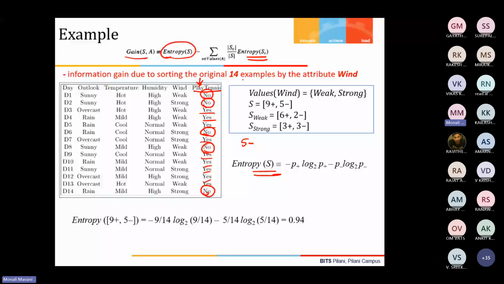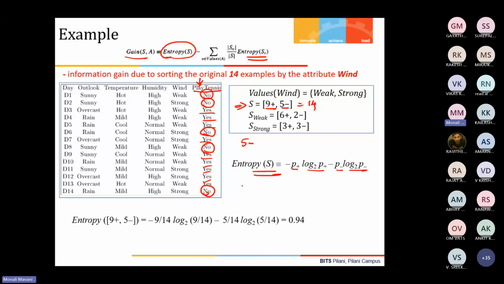So S, that's my entire data set. We have 9 positive examples and 5 negative examples out of 14 examples. We'll use these numbers to calculate this entropy. I have just 2 classes, positive and negative, so I can write my formula like this: minus the probability of the positive class times log of the probability of the positive class, minus the probability of the negative class times log of the probability of the negative class.